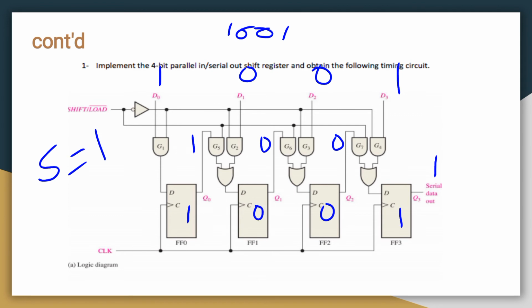Now the shift line output here is 1, 1, 1, 1. After the NOT gate it is 0, 0, 0 and here it is 0. So now see when the clock is applied what the content is going on.